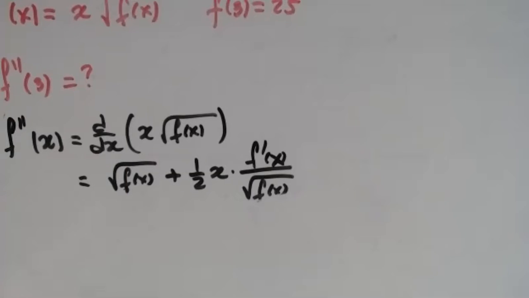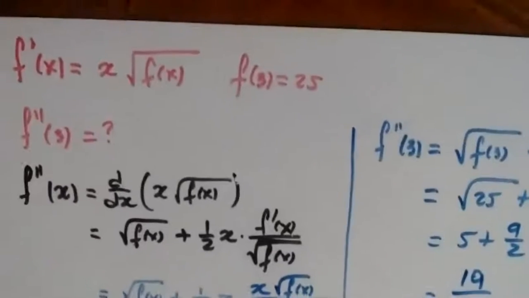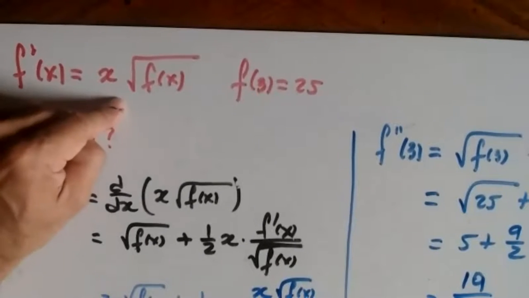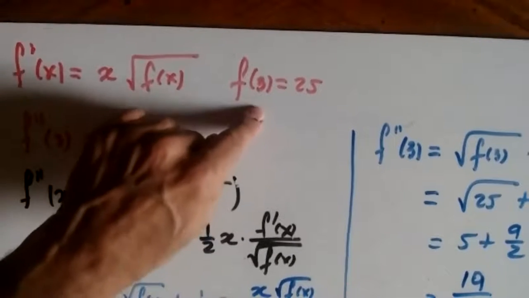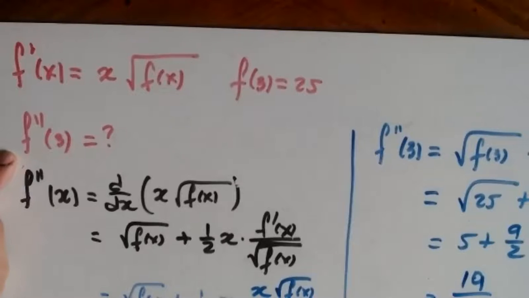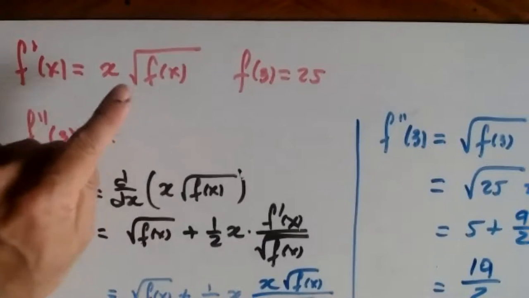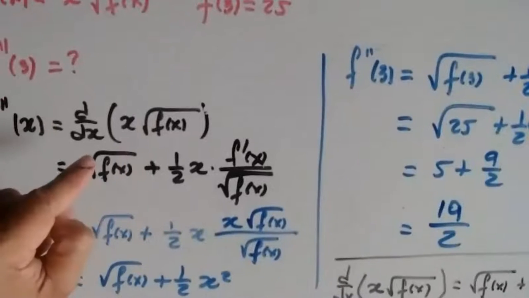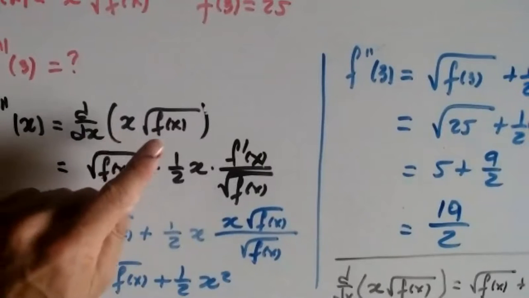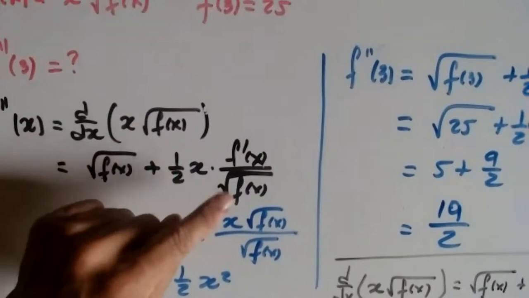So you have f prime of x equals x square root of f(x). This is your initial condition. You need the second derivative at 3. To get the second derivative of f, you have to get the derivative of this portion using the product rule: derivative of this times this, plus this times derivative of this.